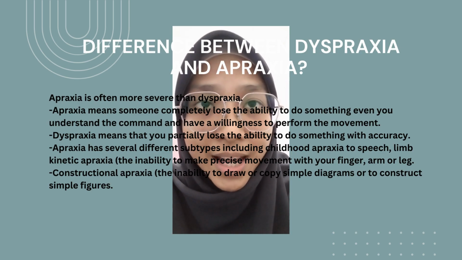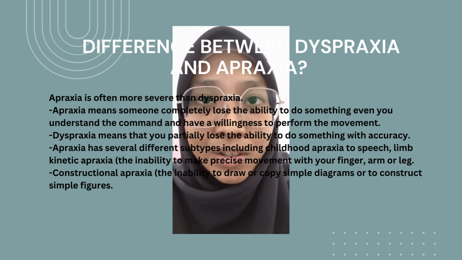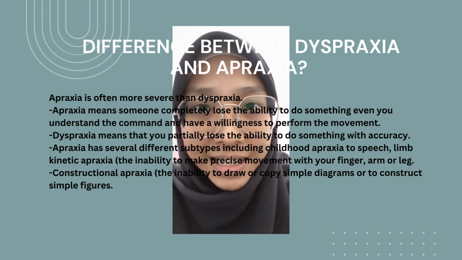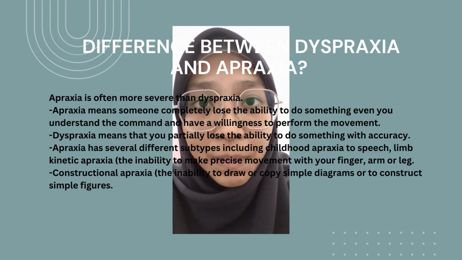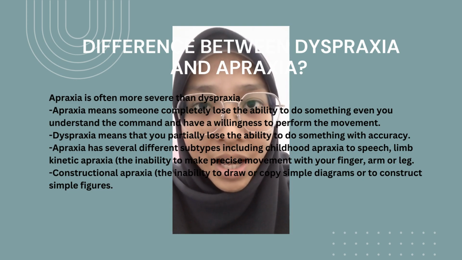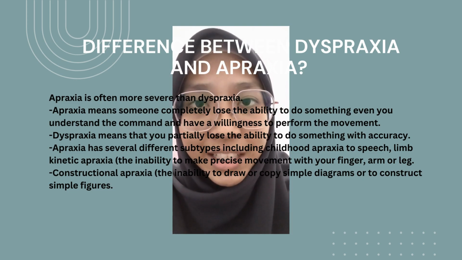Apraxia also has several different subtypes, including childhood apraxia of speech, limb kinetic apraxia, the inability to make precise movement with your finger, arm or leg, and constructional apraxia, the inability to draw or copy simple diagrams or to construct simple figures.